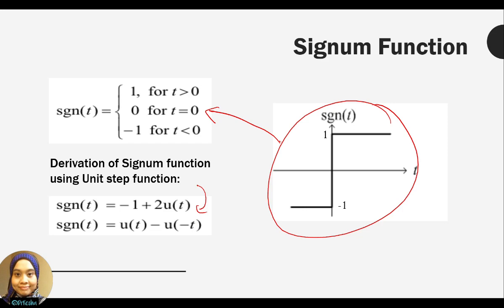So for the signum function, it's actually 1 whenever the t is on the positive side, and whenever the t is less than 0, the amplitude will be negative 1. So it fulfills this one. And every time the t is equal to 0, the amplitude is actually 0.